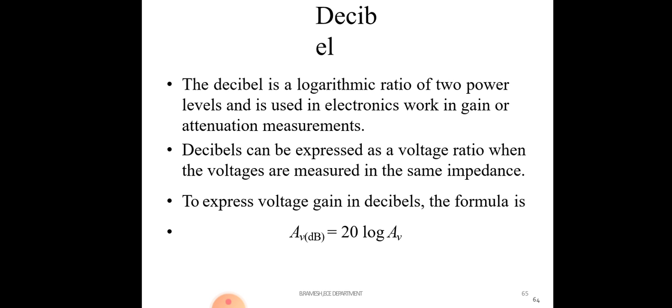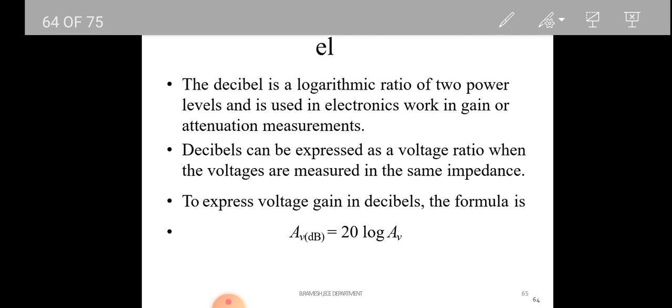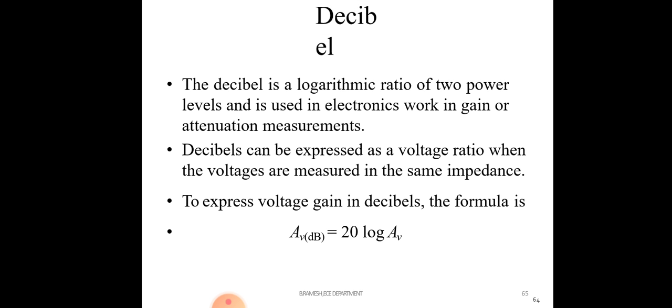To express voltage gain in decibels, the formula is AV in dB = 20 log AV, where AV is nothing but the voltage gain. So that is the meaning of measuring voltage gain in dB, 20 log, generally base 10.